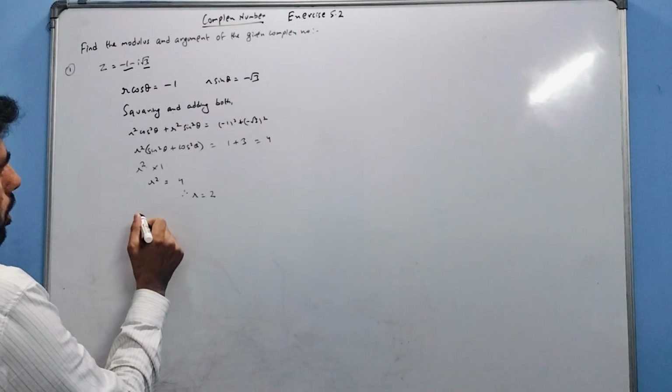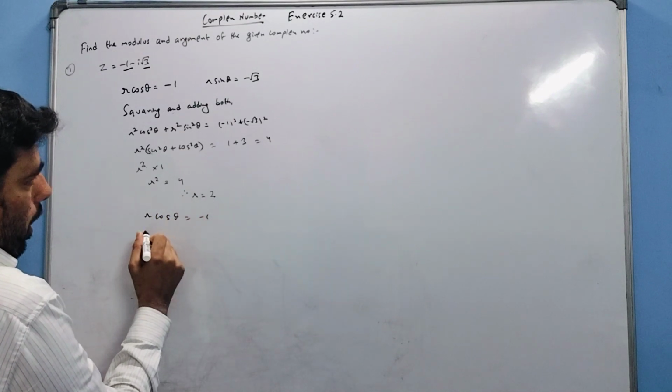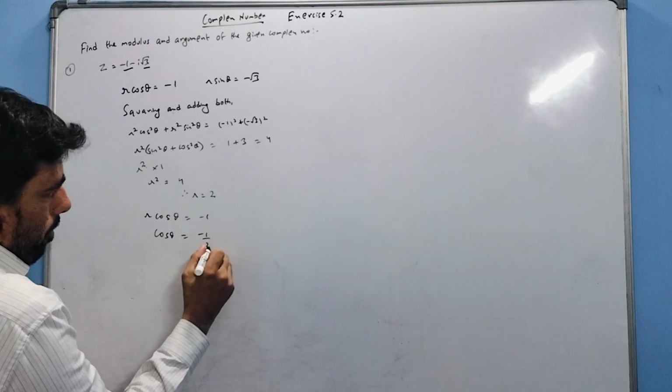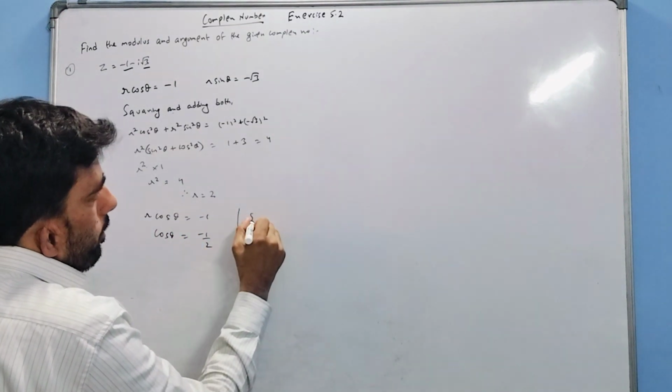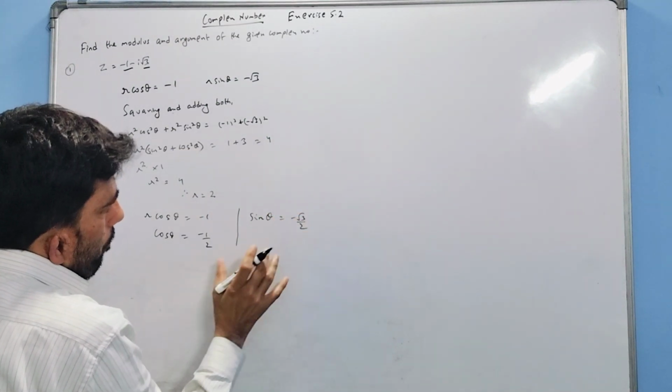Now we'll find the angle. They have given -1 and r we know is 2, so cos theta is equal to -1/2, and sin theta is equal to minus root 3 upon 2. Both are negative.